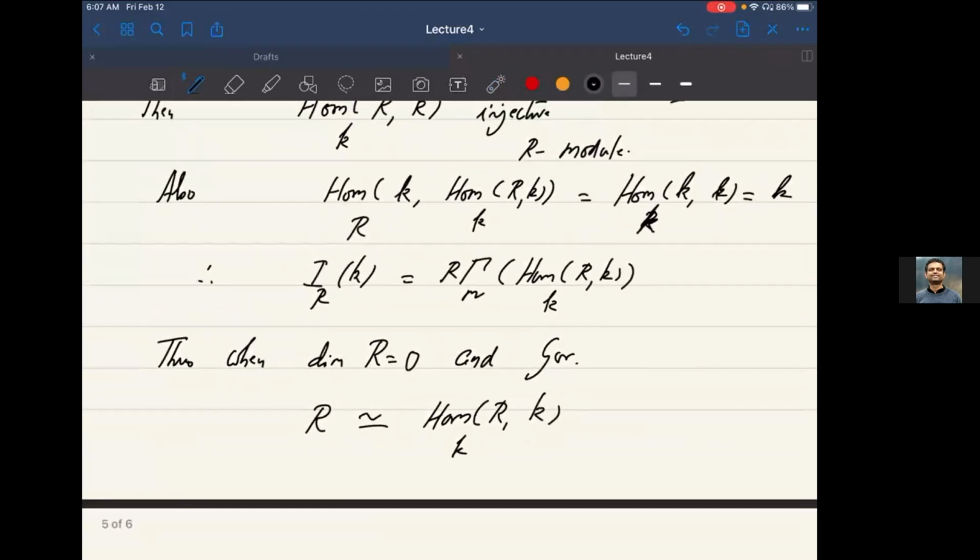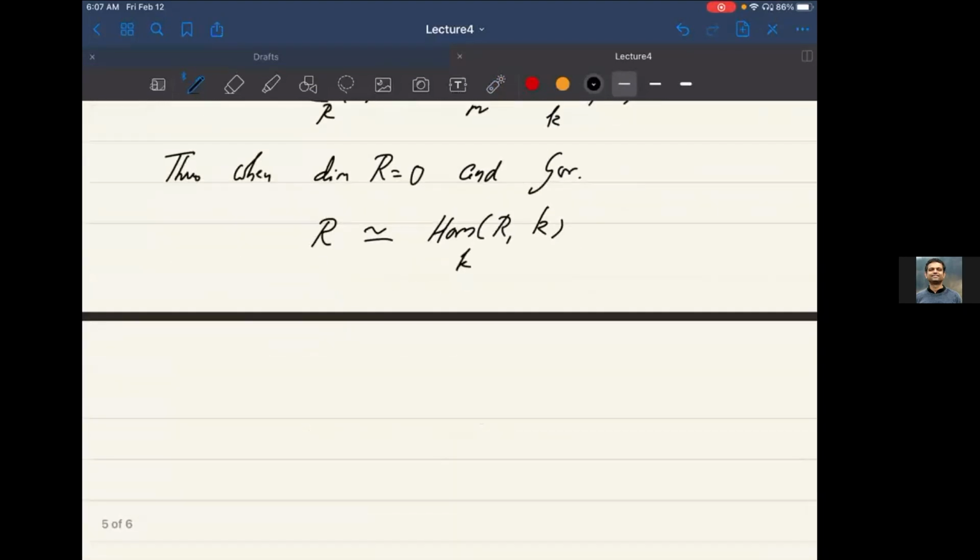So this is precisely saying, so here, if you're thinking about graded things, in the graded world, you would get a twist here.